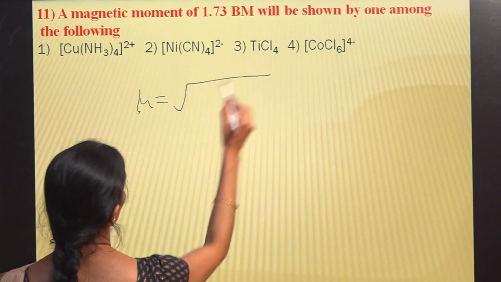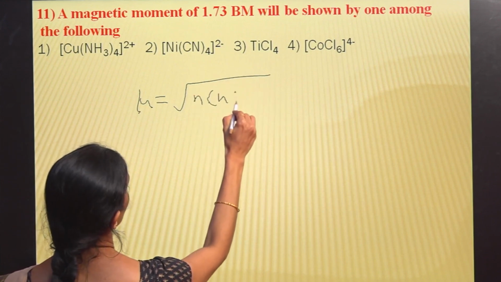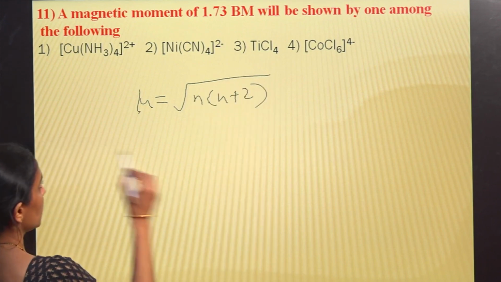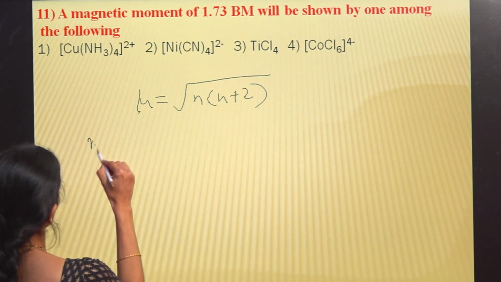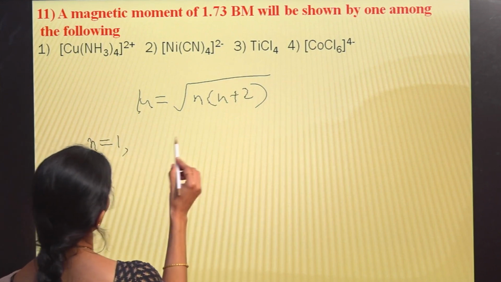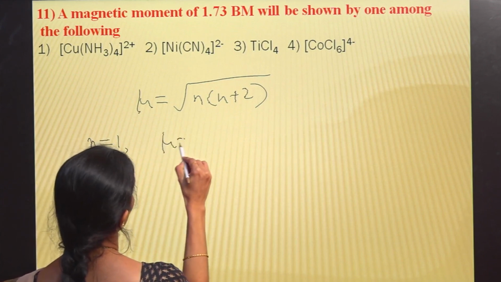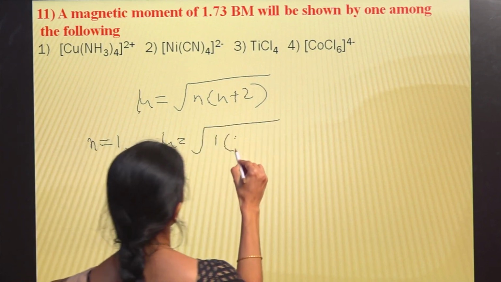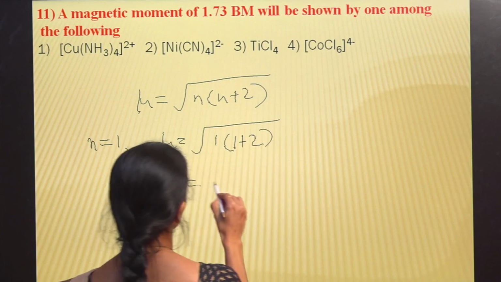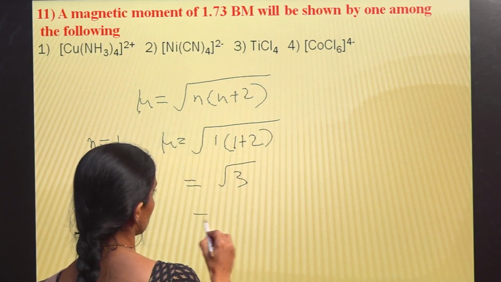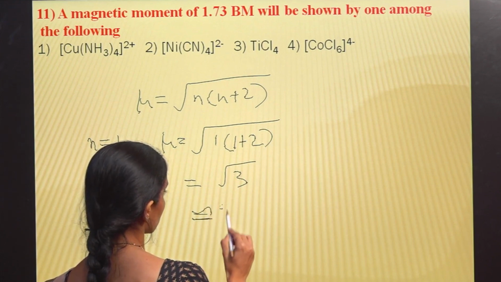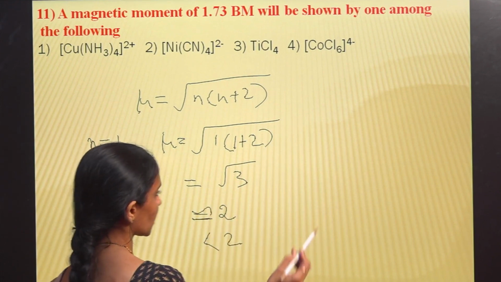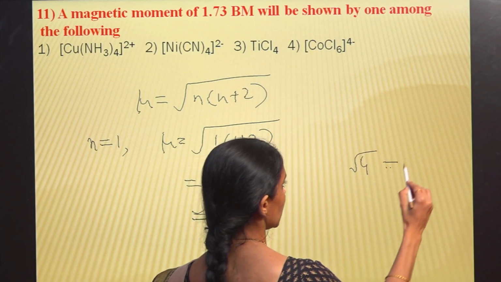The formula for it is square root of n into n plus 2. Let me do it by trial and error method. I'll substitute n as 1. What do I get? I get mu as square root of 1 into 1 plus 2, that is square root of 3, which is nearly equal to 2 but less than 2. Square root of 4 is 2.